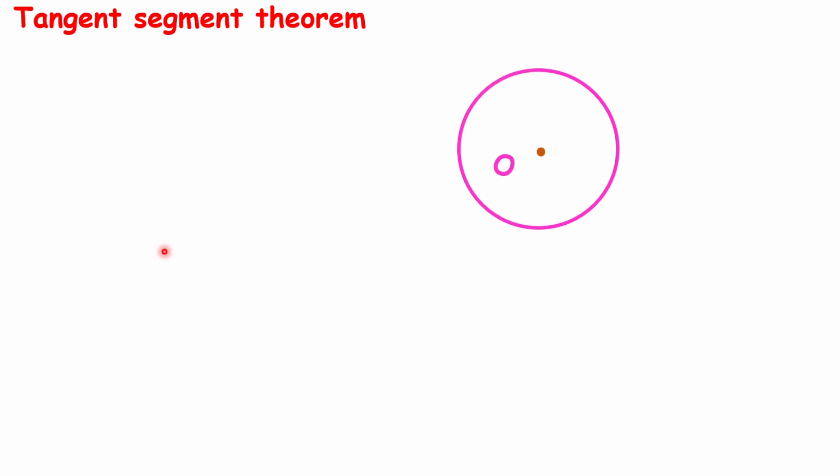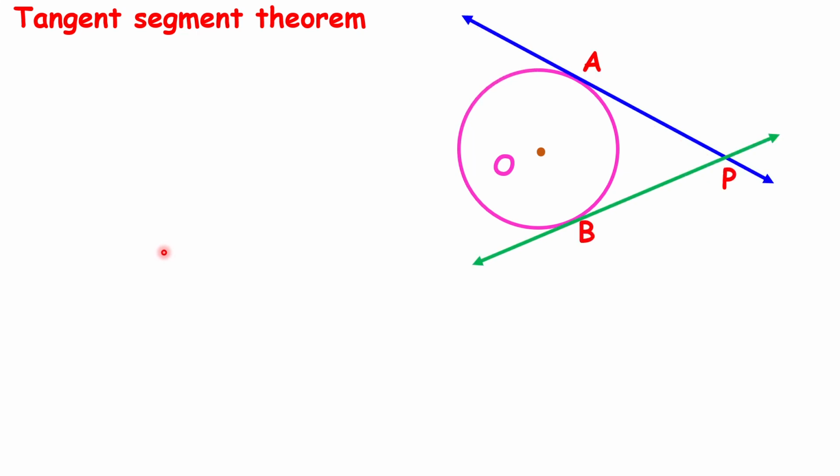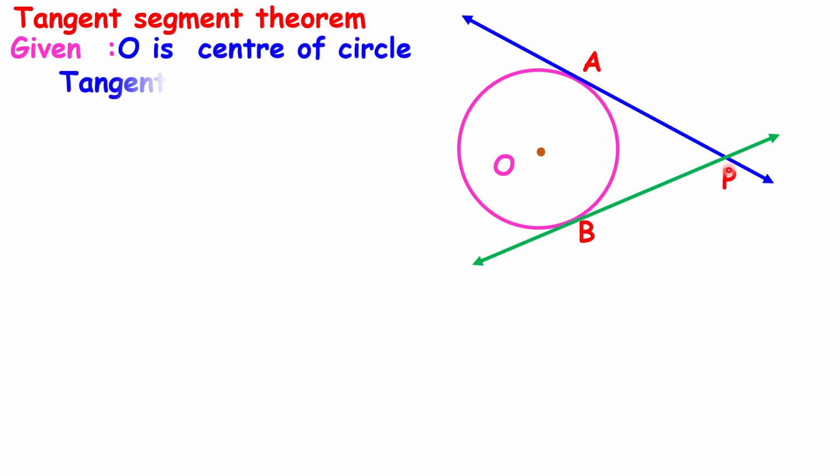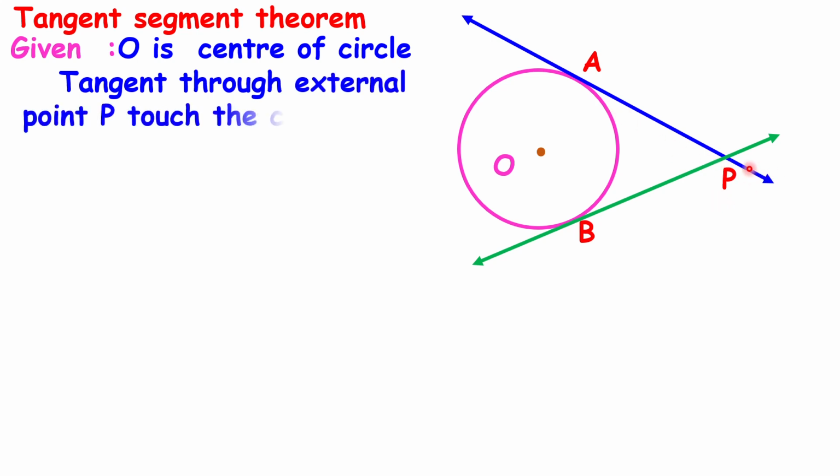Through the external point P, we draw tangents PA and PB touching the circle at points A and B. Given, what is given? O is the center of circle. Tangents through the external point P touch the circle at the points A and B.